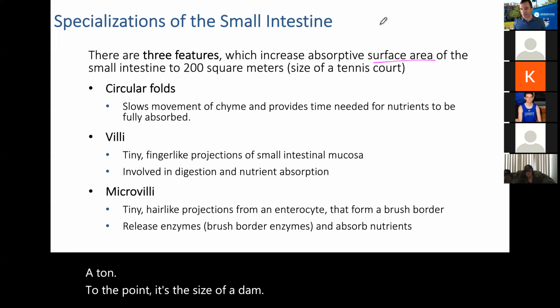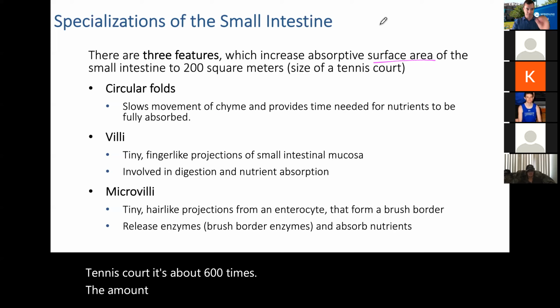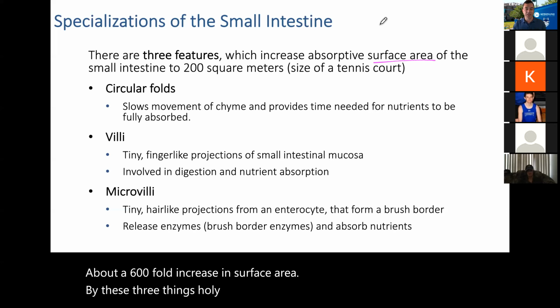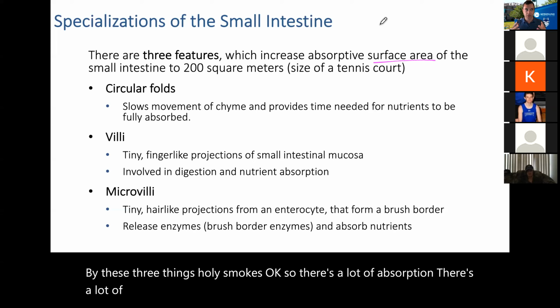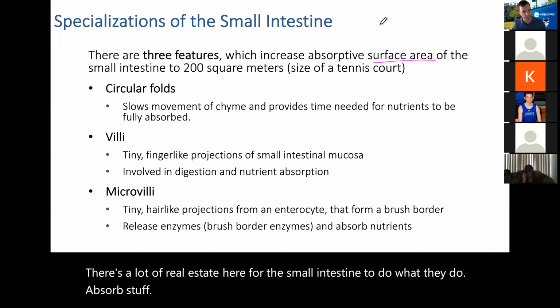It's about 600 times the amount of size that gets added to that one little tube. Okay, about a 600-fold increase in surface area by these 3 things. Holy smokes. Okay, so there's a lot of absorption. There's a lot of real estate here for the small intestine to do what it does, absorb stuff. Okay? Absorb stuff, primarily in the jejunum.